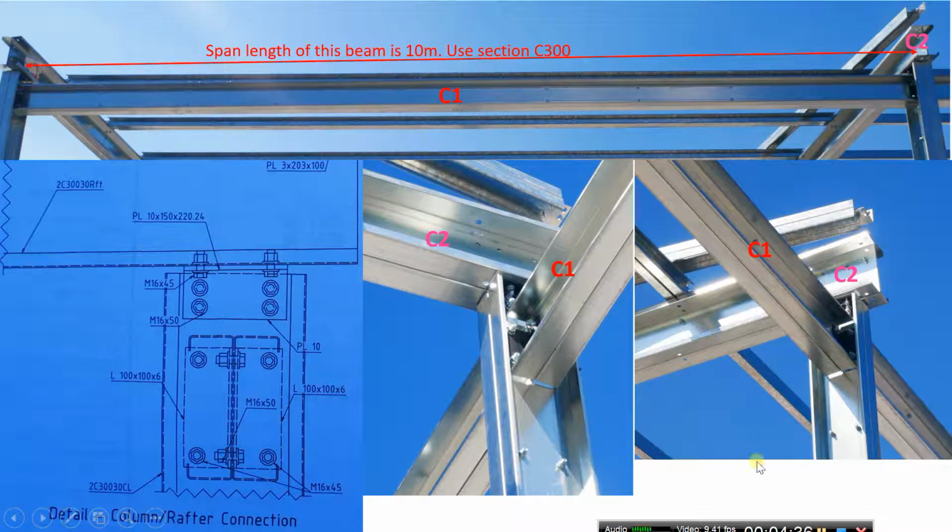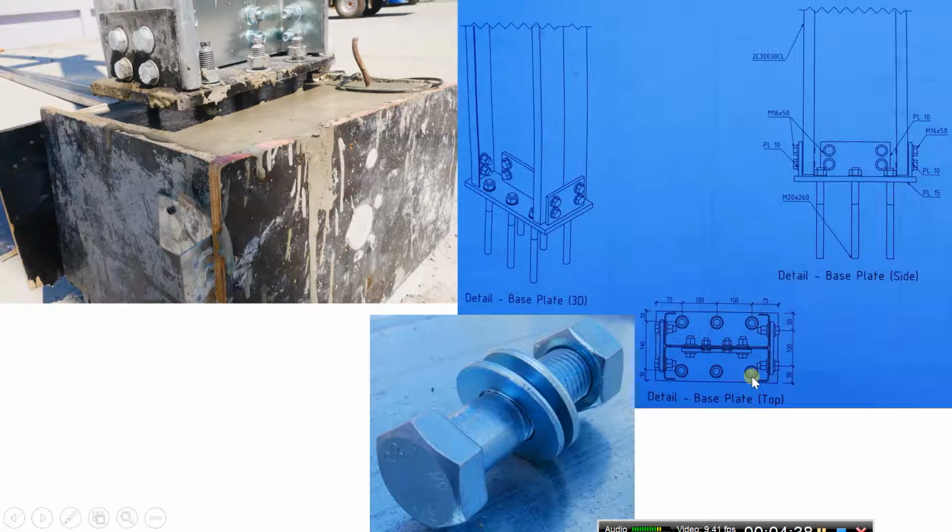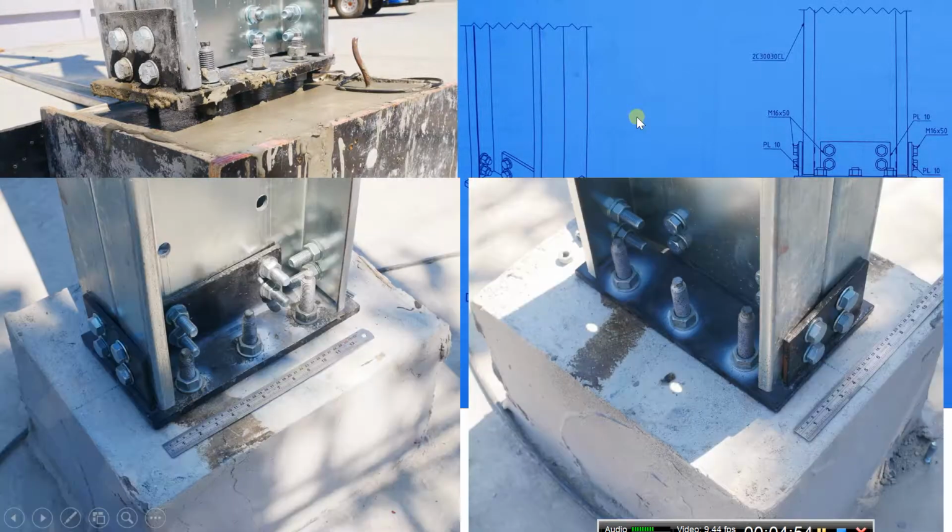Here you can see C1, C2. Okay, and one more thing I would like to show you, the connection between the column and the footing. You see, we use bolts to connect it. This is the drawing, and this is the real photo, and this is also a real photo. You can see, I tried to measure the dimension, 300, right?